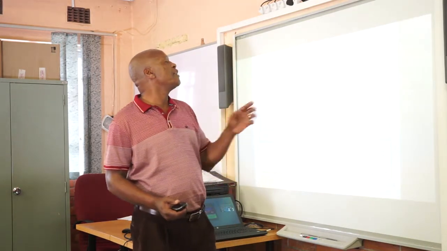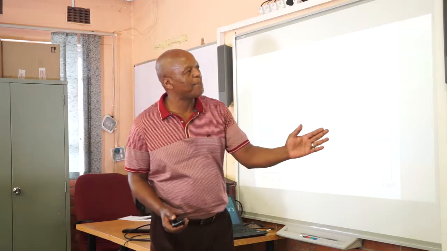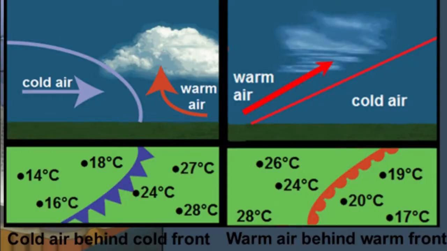As soon as the warm front passes, the temperatures will do what? Will increase. Because the warm sector of air has higher temperatures, and then when the cold sector arrives, the temperatures will do what? Will drop up to 18. So that is why we always say when a cold front passes, the temperatures will decrease.